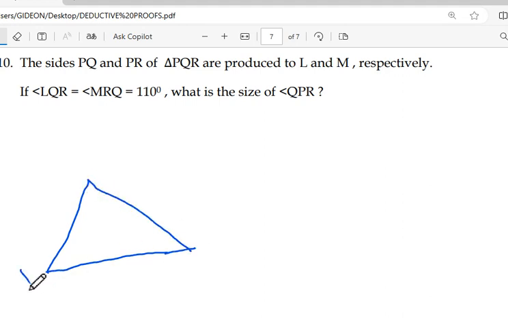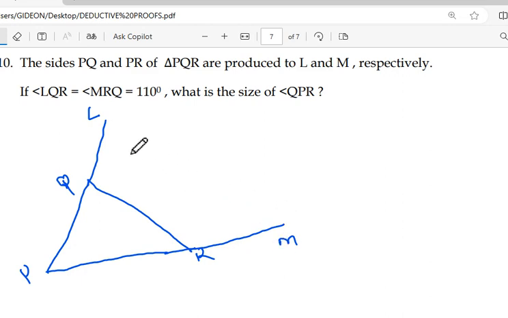So this is P, and this is Q, and this is R. So it says the sides PQ and PR of triangle PQR are produced to L and M. So PQ, you produce it, that means you extend this line and call this L, and you extend this also. You say PQ and PR, so you extend this also and you call this M. Produce means you extend the line.